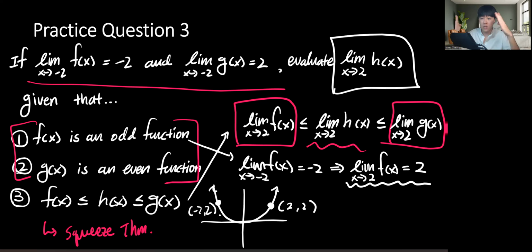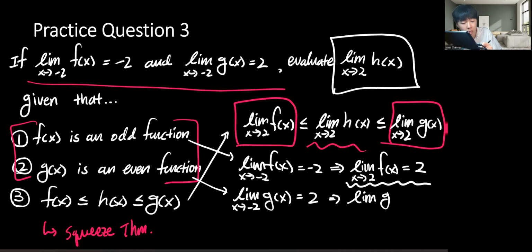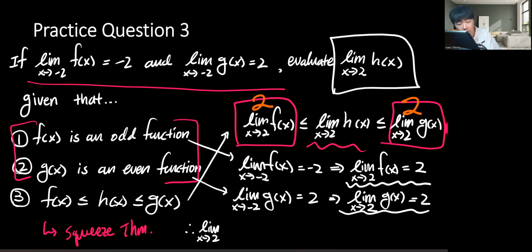Using these conditions, since g(x) is an even function, if the limit of g(x) as x is approaching -2 is equal to 2, then we also know that the limit of g(x) as x is approaching 2 is also equal to 2, which means these two values are the same. So you know this has to be equal to 2, and this has to be equal to 2. Therefore, you can conclude that the limit of h(x) as x is approaching 2 has to be equal to 2 by the squeeze theorem.